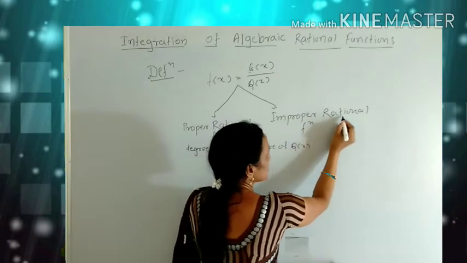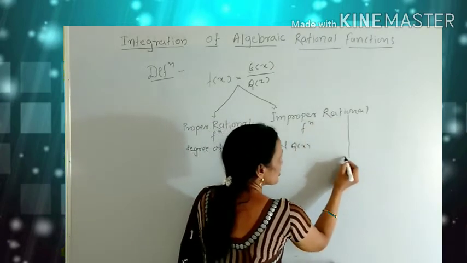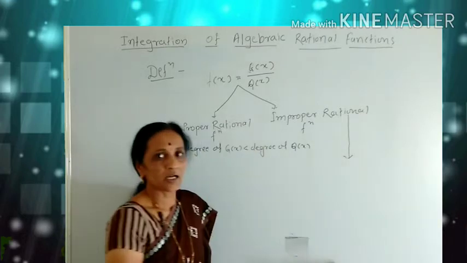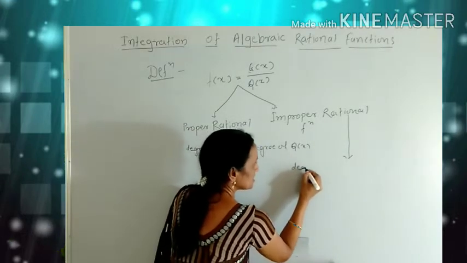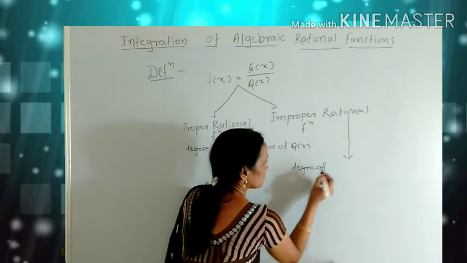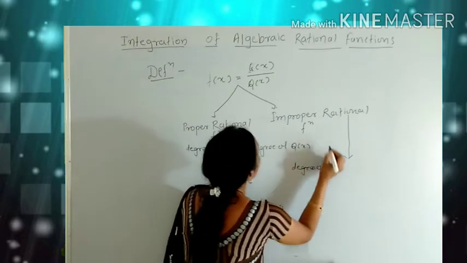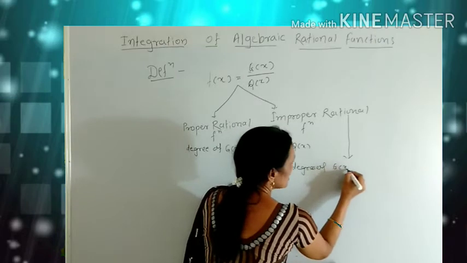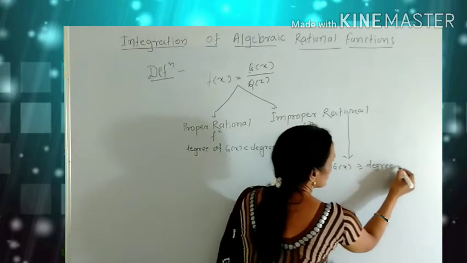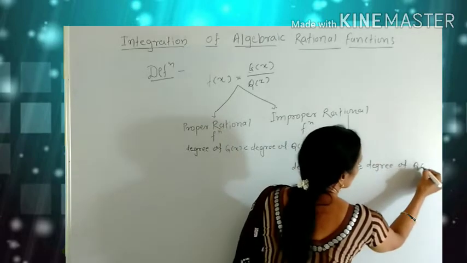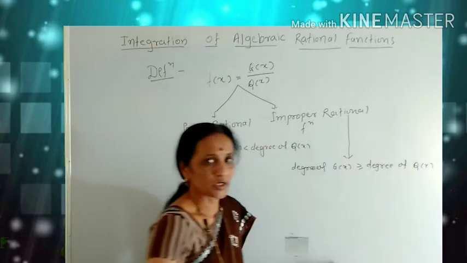Similarly, we define the improper rational function. In the improper rational function the degree of g(x) is greater than or equal to the degree of q(x).